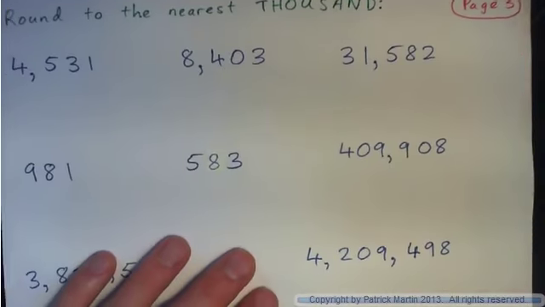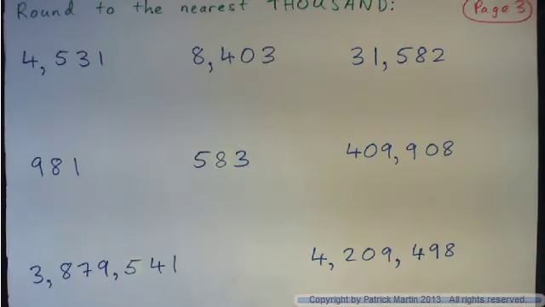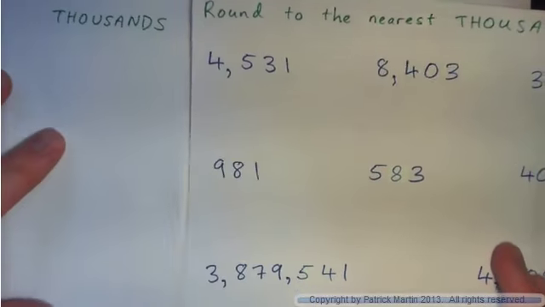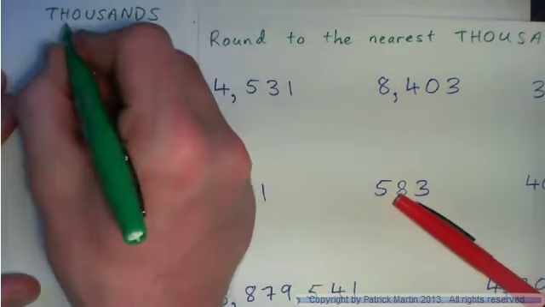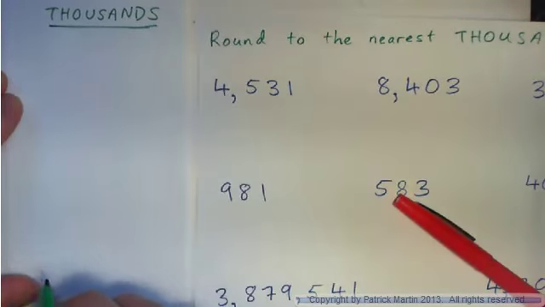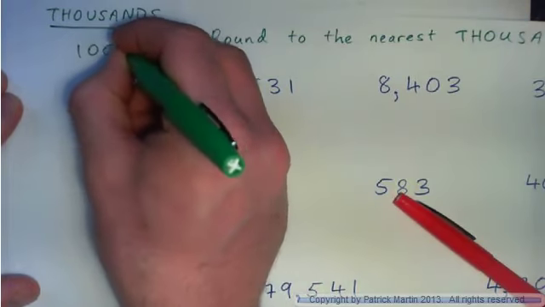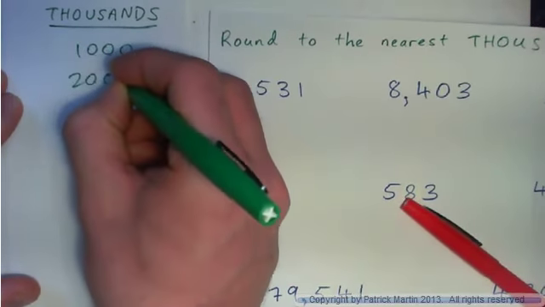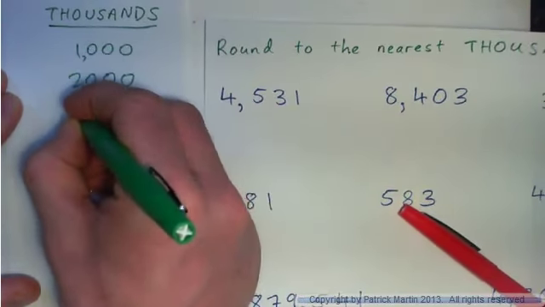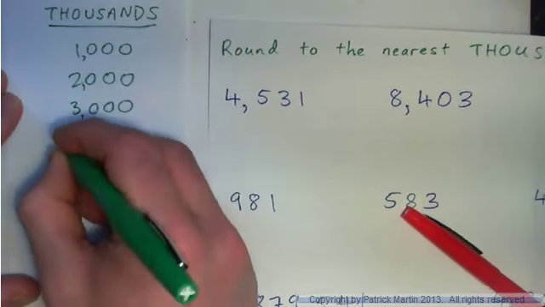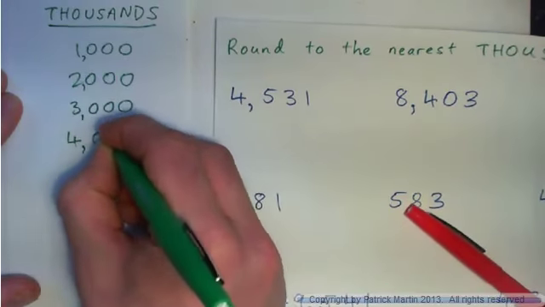Okay, so page 3, we're going to round these guys to the nearest 1,000. And first of all, we're going to write out some thousands. If you're looking at numbers that are in fact thousands, you're talking about 1,000, 2,000, 3,000, 4,000. These are thousands.